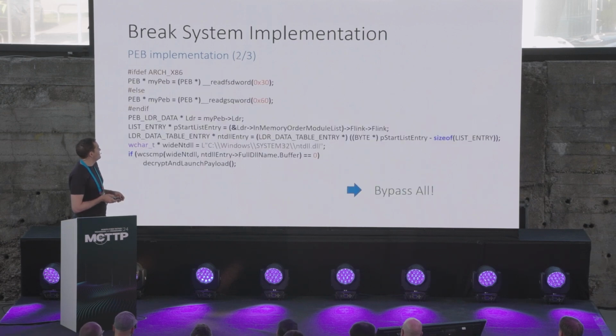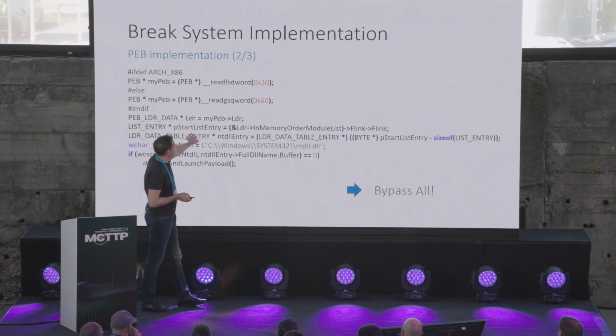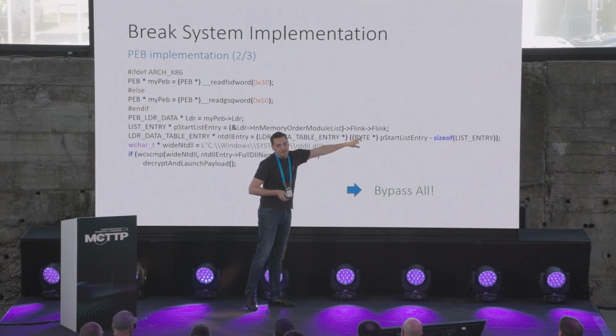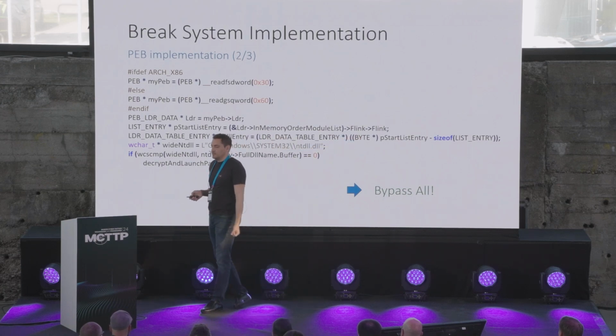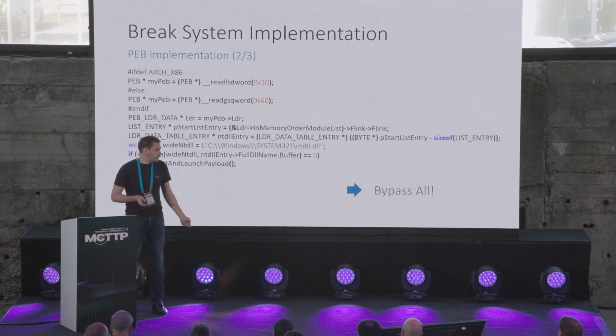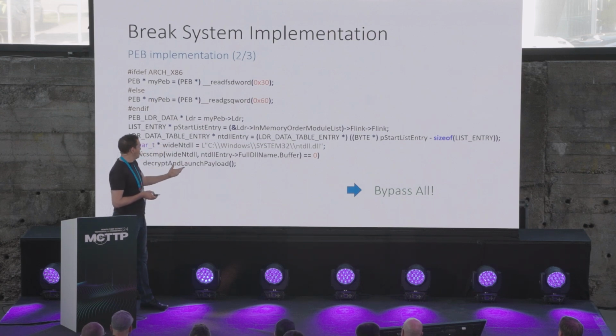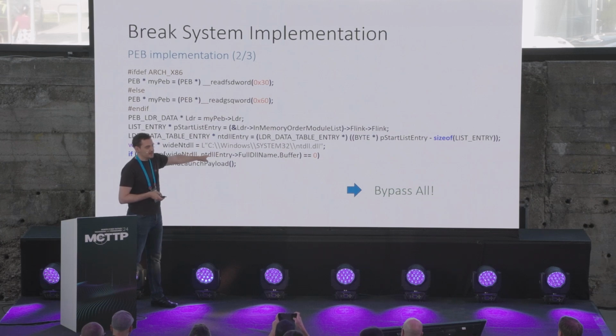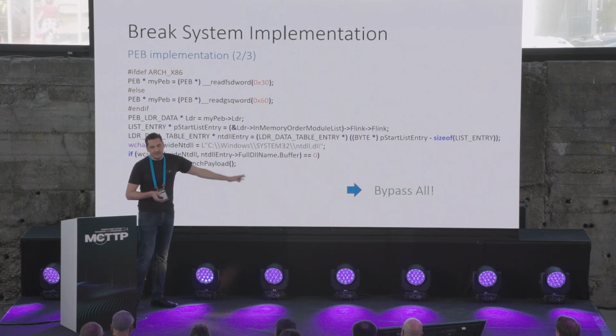So how did I do this? I accessed the PEB, and then using this complex line, I'm looking at the value corresponding to where the NTDLL module is loaded. And I compare that value to the path that I expect for this module. The path that I expect should be C:\Windows\System32\NTDLL.dll.